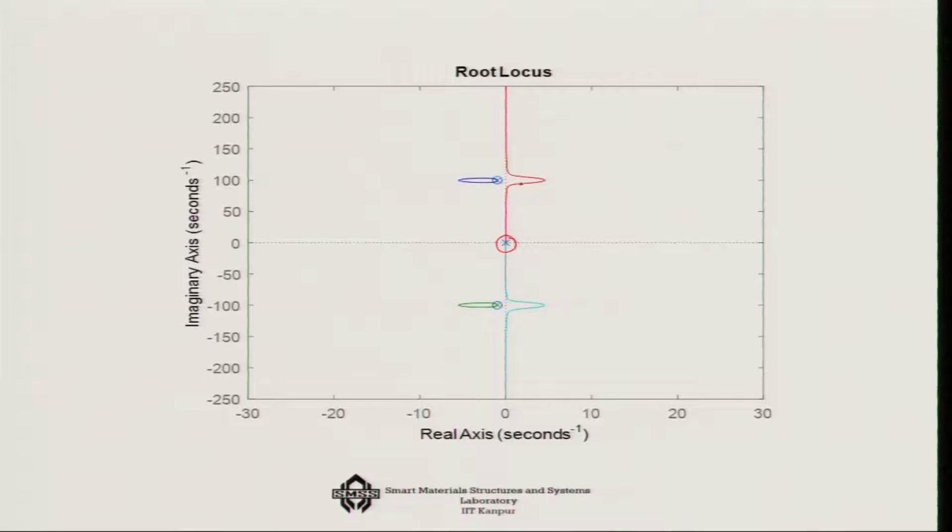Corresponding to a positive gain, a part of it can actually go to the right half plane. So, a proof mass actuator, if it is not controlled properly, can add energy to the system, and it can generate instability.